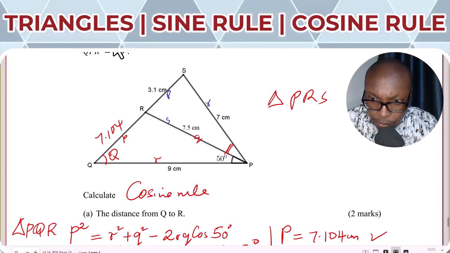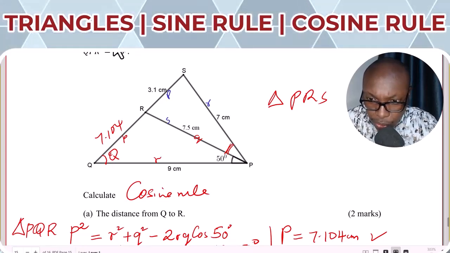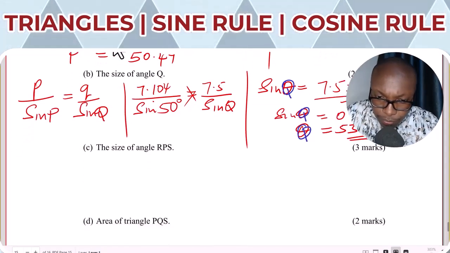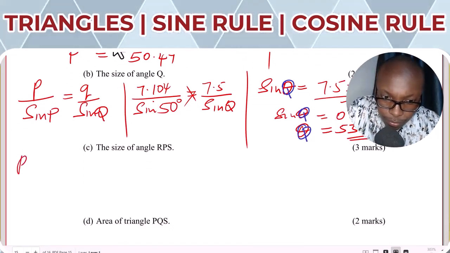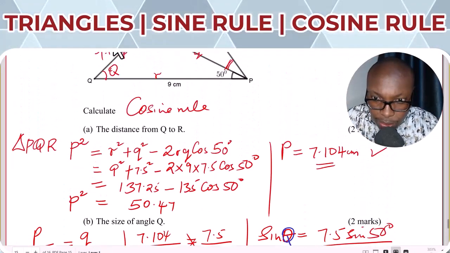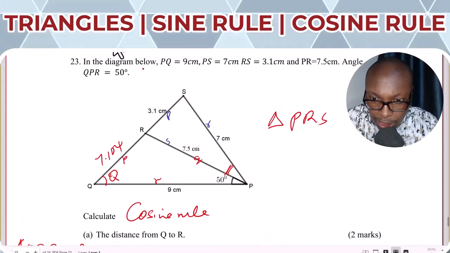And the cosine rule will be like this: p squared is equal to the sum of the squares of the two given sides.